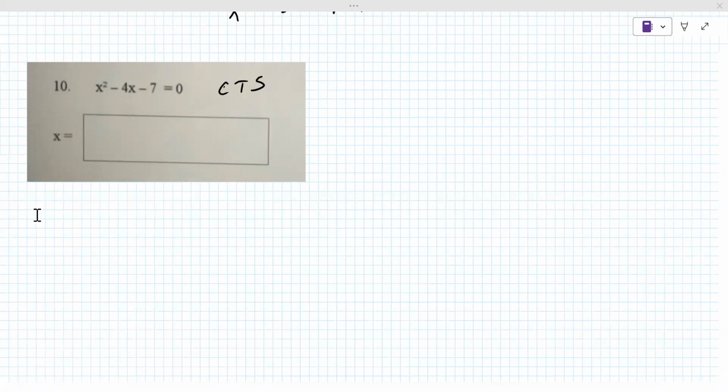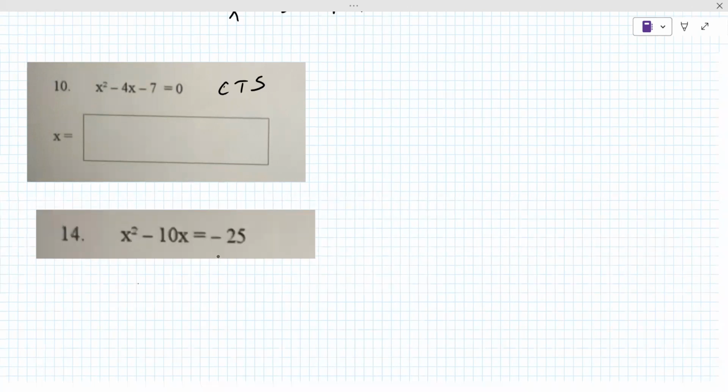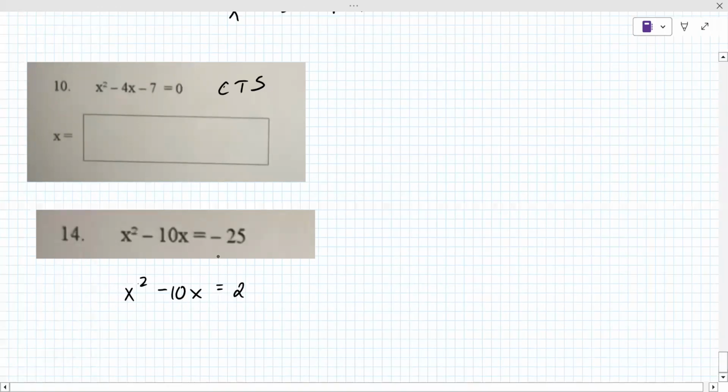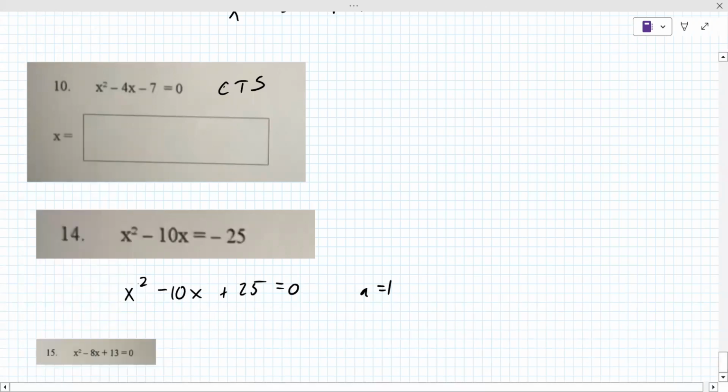Fourteen, when you bring it back left, x squared minus 10x equals 25. This becomes, wow, that's really bad. Plus 25 equals 0. This is an a equals 1 problem. Fifteen will be a completing the square problem.